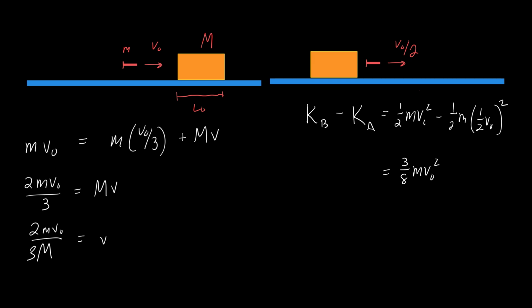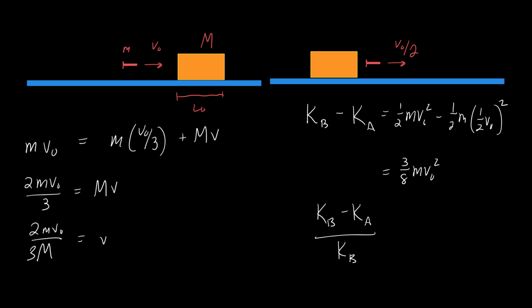Now, a common way of asking this question is to ask what is the percentage of energy lost. That would be finding the difference in energy but dividing by the original amount of energy. This would be a percentage.